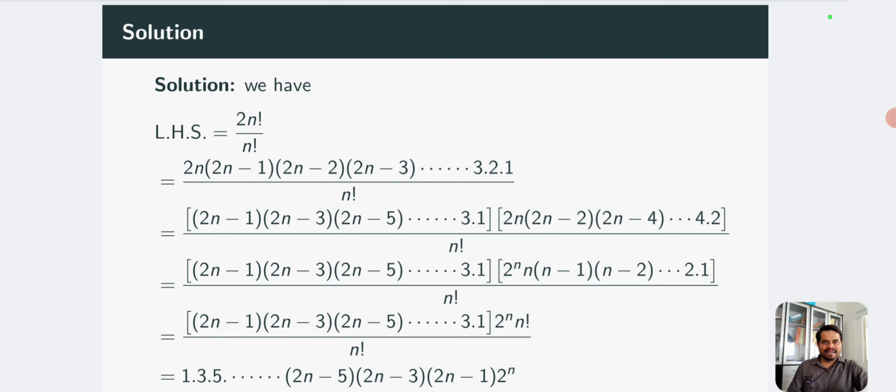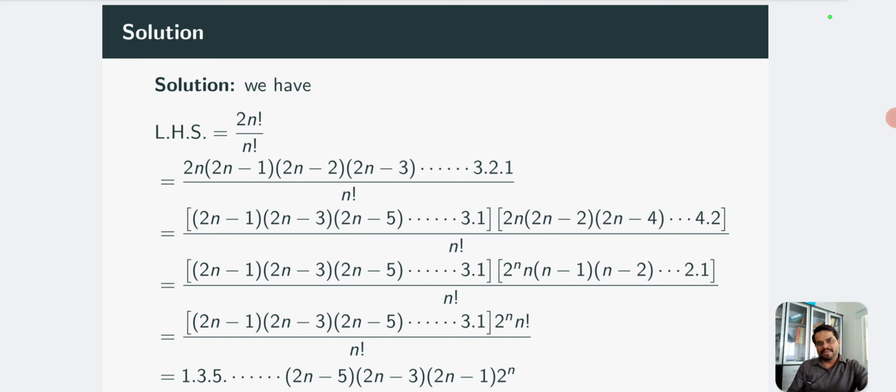Now if we observe the terms in the numerator of the second step, we can write 2n minus 1, then 2n minus 3, 2n minus 5 and so on up to 3 into 1, and in the second square bracket we can adjust the terms as 2n minus 2 into 2n minus 4 up to 4 into 2. So just separate these terms, divided by n factorial as it is.